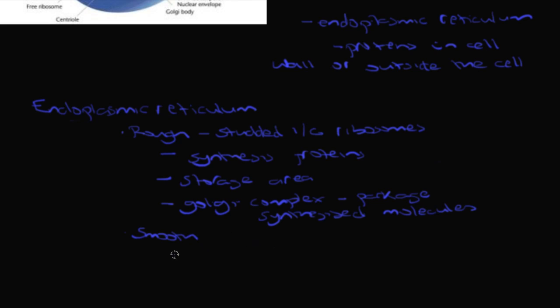And this is the site of fatty acid, phospholipid and steroid synthesis. So synthesis of fatty acid, phospholipid, which play a great part in the cell walls, and steroid synthesis.